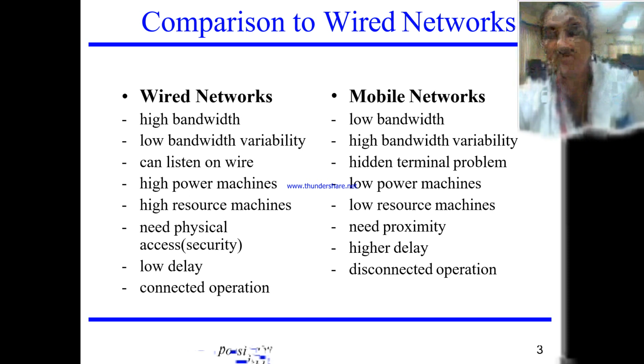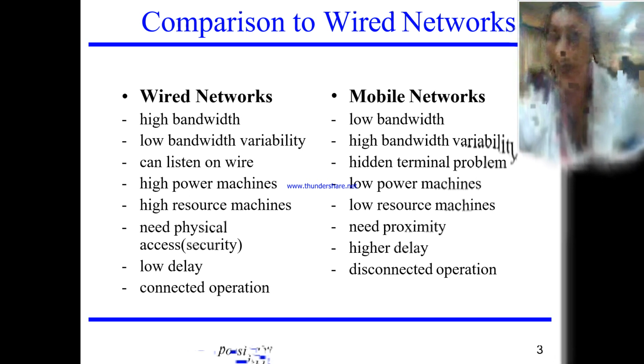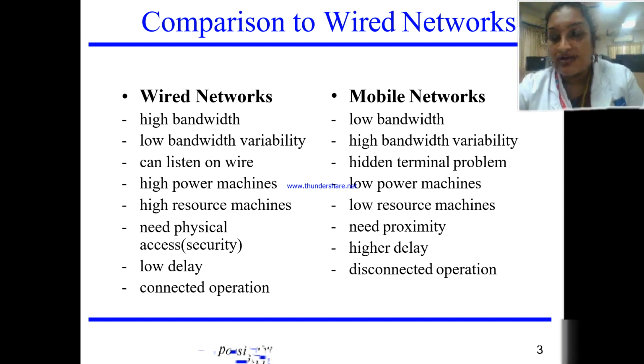But the mobile network can work on low bandwidth and has high bandwidth variability. You can move from one place to another where you can get high bandwidth also. In the wired network, it is easily possible for hackers to hack your data or network, and they can listen on the wire.